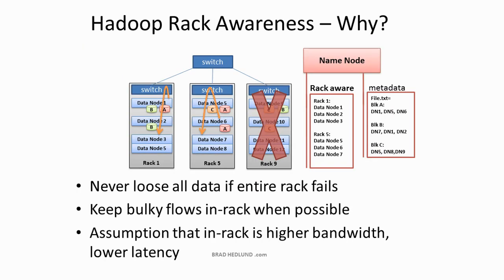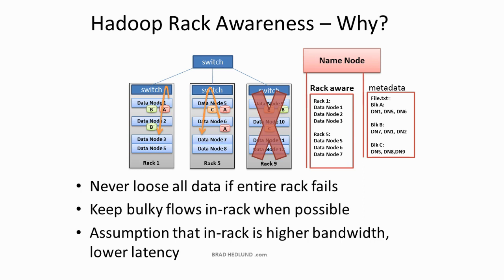Okay, so more details of rack awareness. You can see from here just a metadata file. It says rack 1 has all these data nodes, rack 2 has all these data nodes, and so on. Okay, so let's assume that the switch on rack 9 fails.